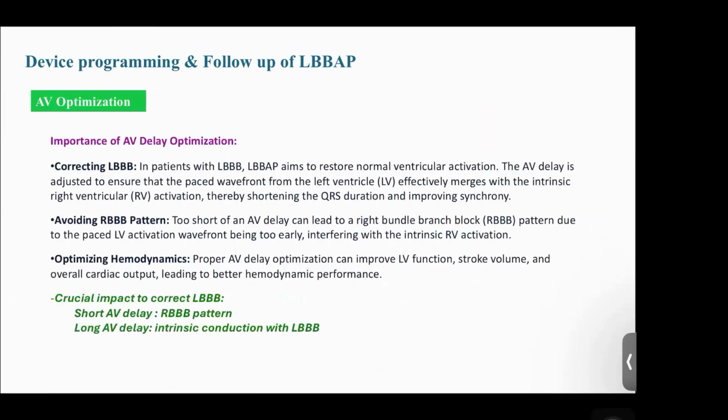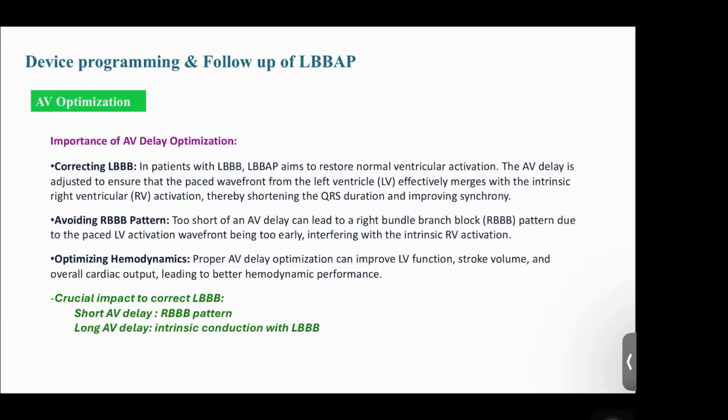Okay, AV optimization, correcting left bundle branch block. In patients with left bundle branch block, left bundle area pacing aims to restore normal ventricular activation. The AV delay is adjusted to ensure the paced wavefront from the left ventricle effectively merges with the intrinsic right ventricular activation, thereby shortening QRS duration.